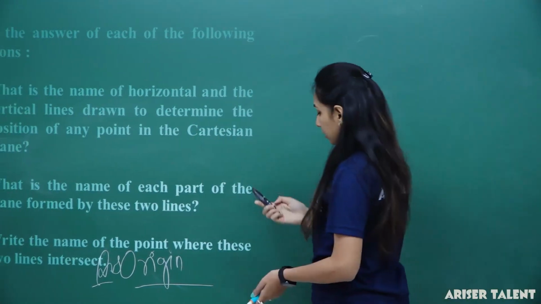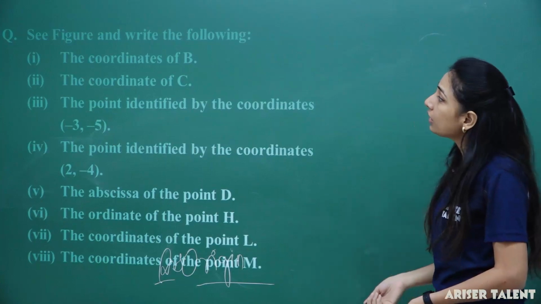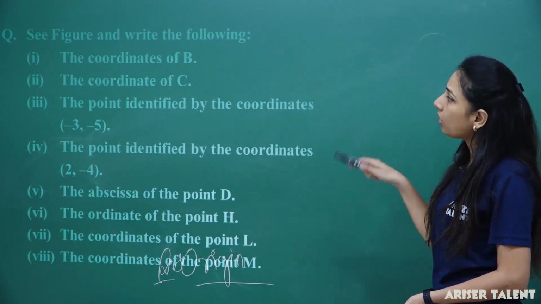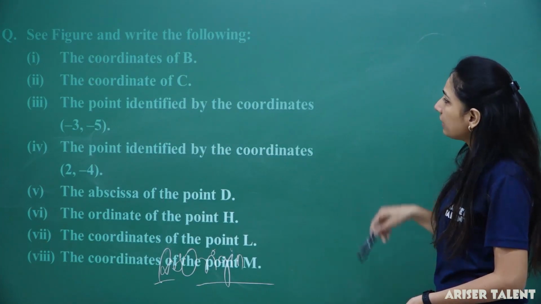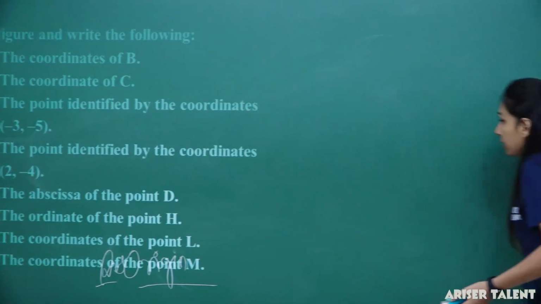Okay, now the next question. See the figure and write the following: the coordinates of B, the coordinates of C, and the points identified by the given coordinates. The figure is here.